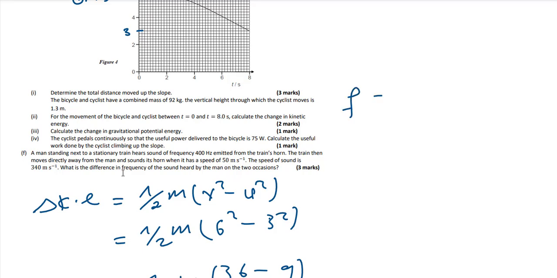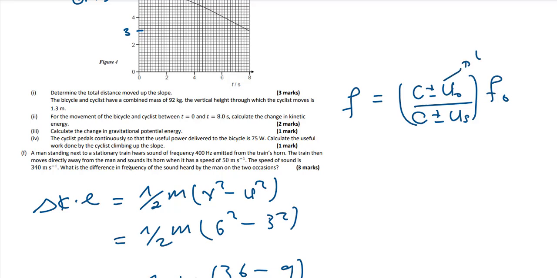F will be equal to C plus or minus U0 divided by C plus or minus US, all of this times F0. This is the speed of the observer and this is the speed of the source. In our case the observer is stationary, so the speed of the observer is 0.